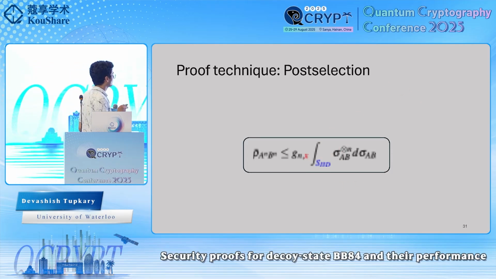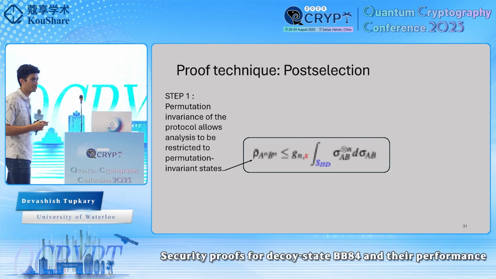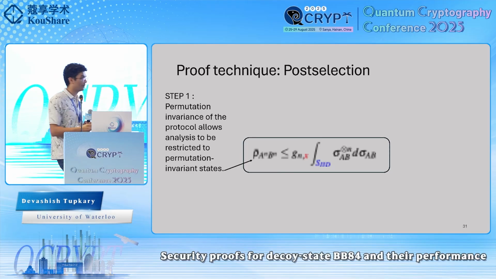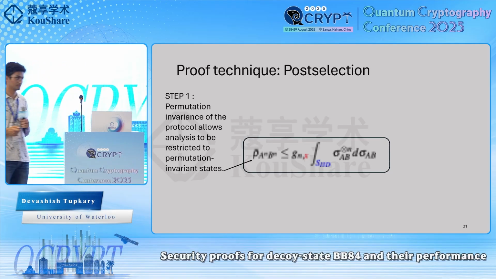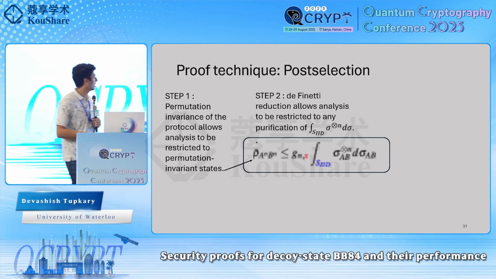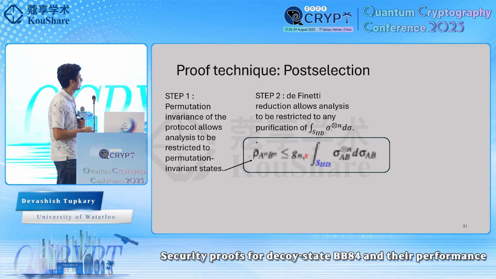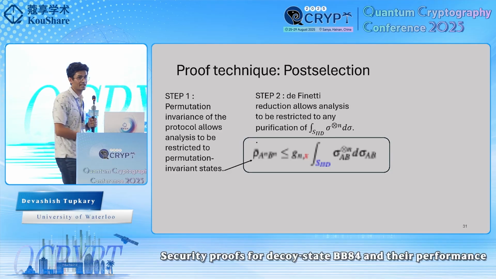Okay? And because this equation only holds for permutation invariant states, we need to argue that if the protocol satisfies permutation invariance, then we can, without loss of generality, only consider permutation invariant states in our analysis. Okay. If you do this, then in step 2, one can argue that because we have this operator inequality, we only need to worry about a purification of this state, which is a mixture of IID states.